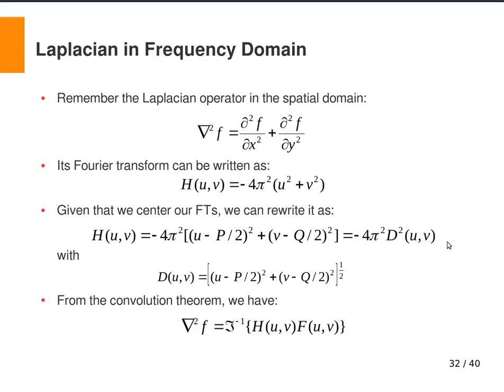So now everything is consistent. The Laplacian operator in a centered frequency domain is going to be negative 4 pi squared d squared. As for the convolution theorem, if we apply the element-wise multiplication between this transfer function and the Fourier transform of the image, and we calculate its inverse, we basically get the result of the Laplacian operator in the spatial domain.